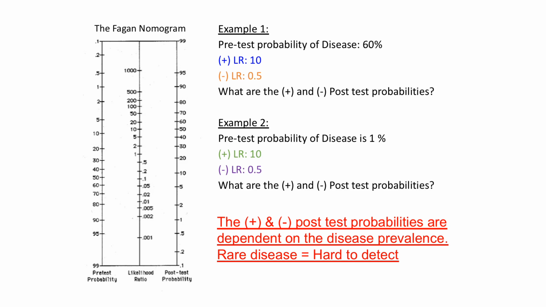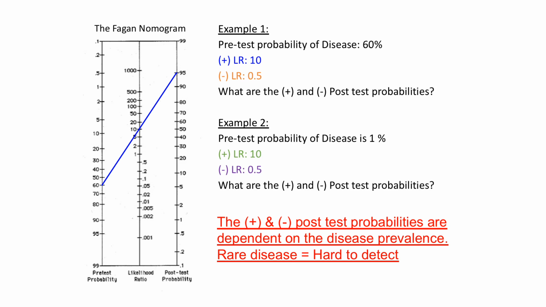A clinical example of this could be, in New York City during the height of a COVID crisis, a 60-year-old patient who presented to the emergency department with fever, cough, and shortness of breath may have had a pre-test probability of up to 60%. Say you had a test, for example, a PCR study, that had a positive likelihood ratio of 10. Let's use the Fagan Nomogram to determine the positive and negative post-test probability.